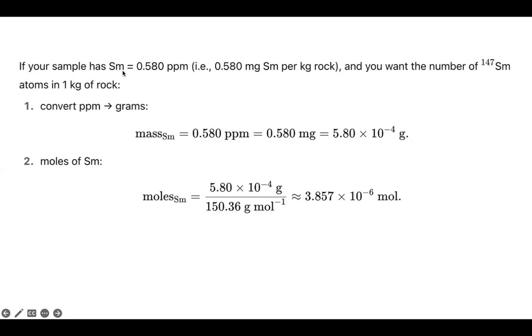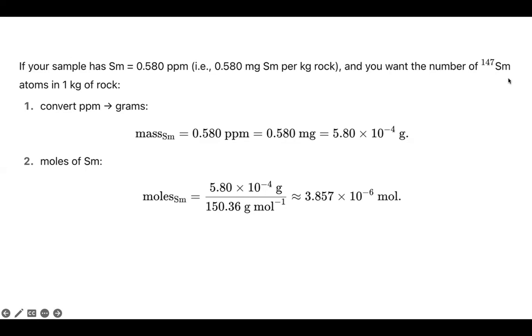For example, if you are given the samarium composition, that is the concentration of samarium, in this case, samarium 0.580 ppm. So to calculate the parent ratio, we need 147 samarium.